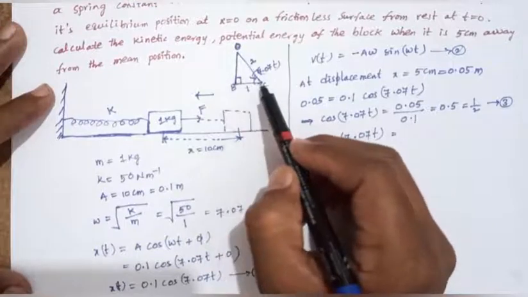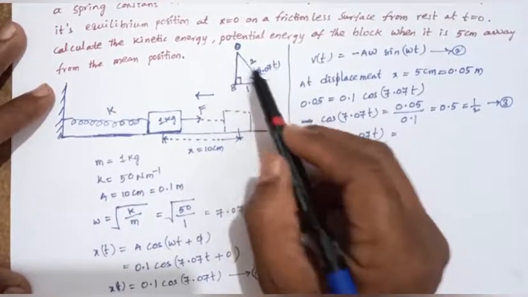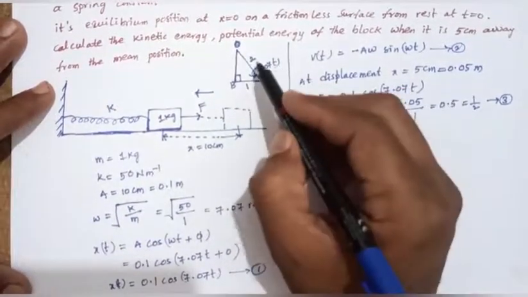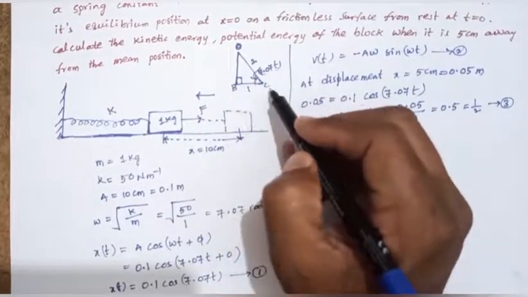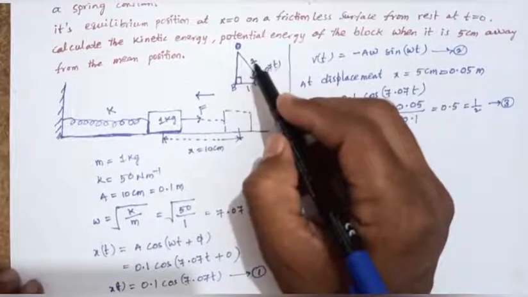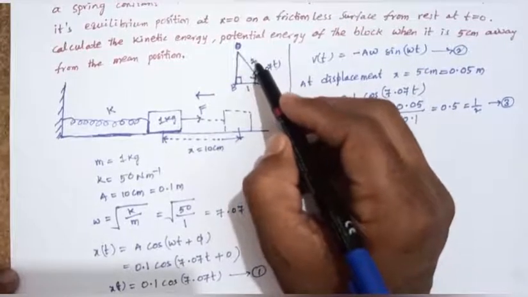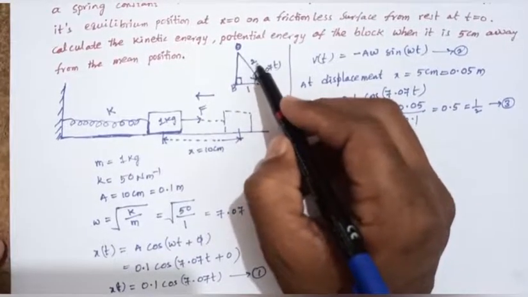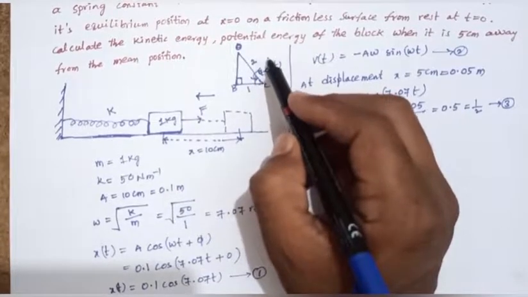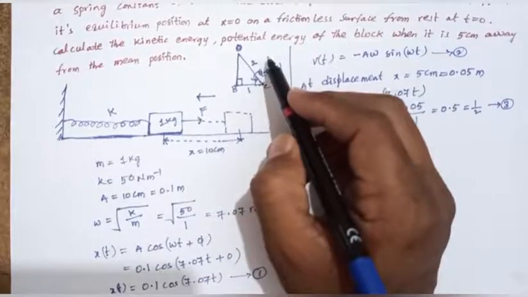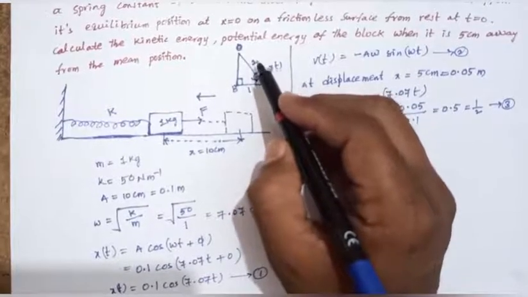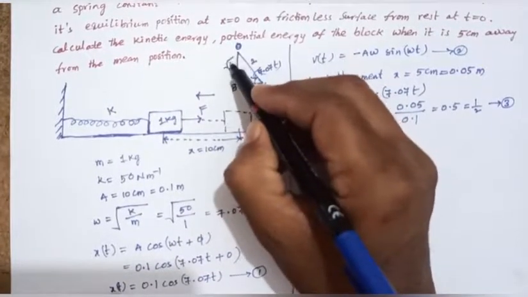OB square plus BC square equals OC square, so BC square equals OC square minus OB square. OC square equals 2 square, which is 4, minus 1, under root. So 4 minus 1 equals 3, square root of 3.